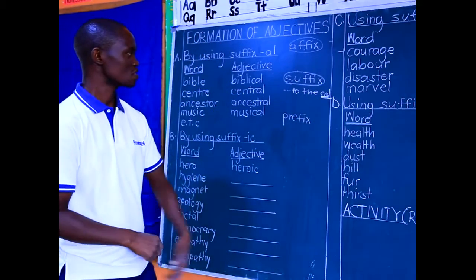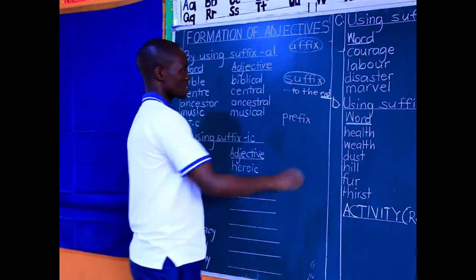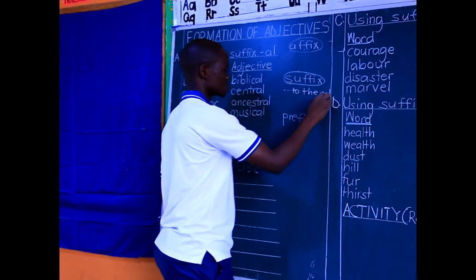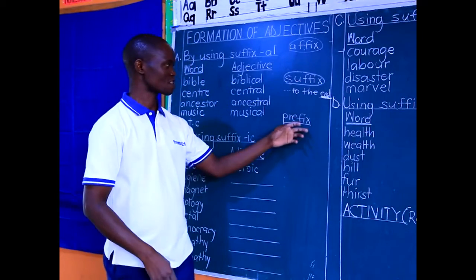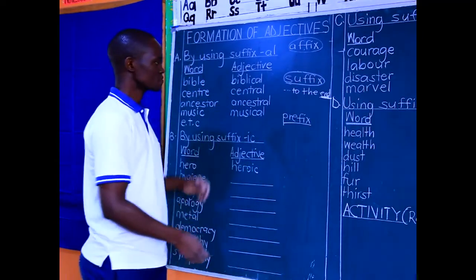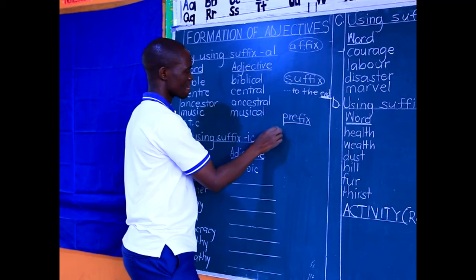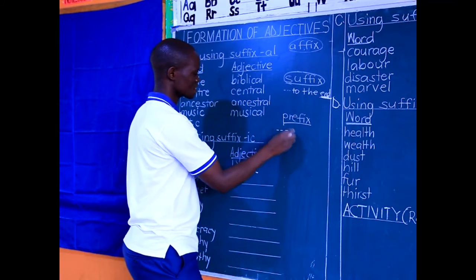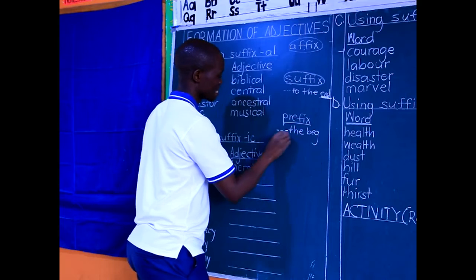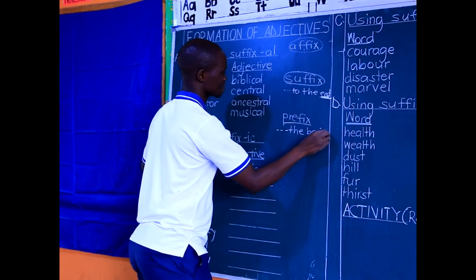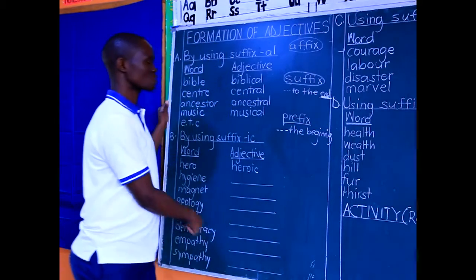So where do we find suffixes? They are at the end of a word. What about prefixes? A prefix is the opposite of a suffix, a letter or group of letters added to the beginning of a word to change its meaning.